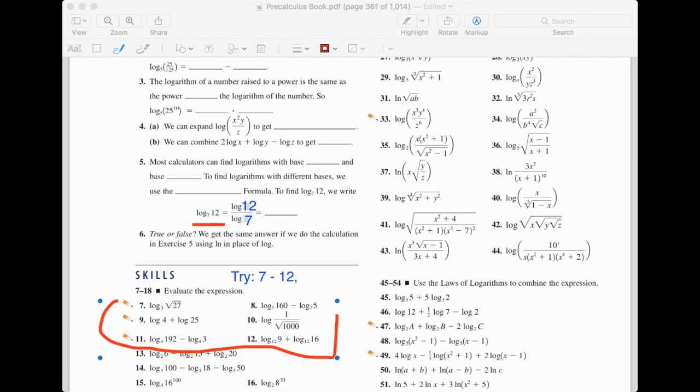So log of 1 over radical 1000, I ended up getting 10 to the negative 3 over 2, which gave me log of 10 to the power of negative 3 over 2. And I just got negative 3 over 2 from there.